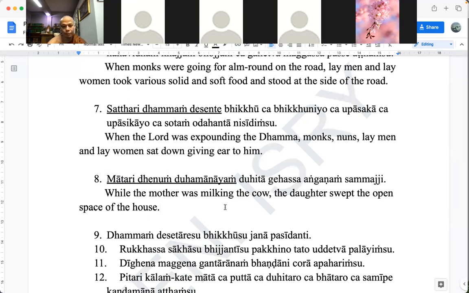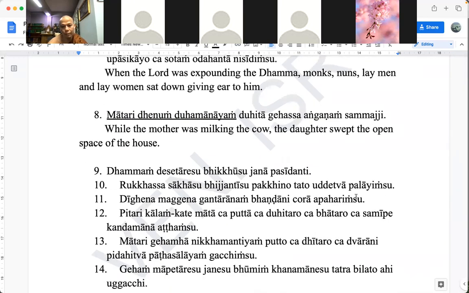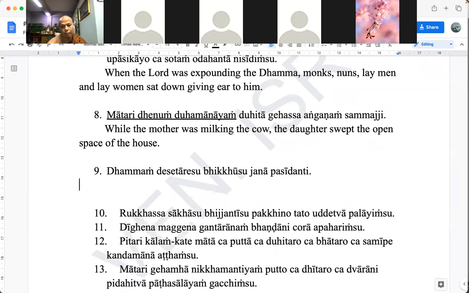And then now number 9. So Dhamma desitarisu bhikkhusu jana pasidanti. Here the main verb is pasidanti, which is present tense, third person plural, so the subject will also be plural.